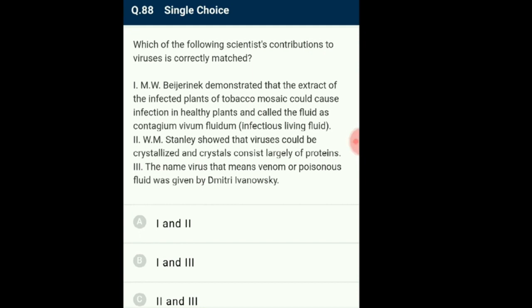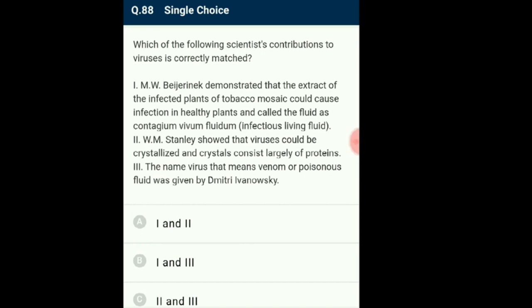Then M.W. Beijerinck in the year 1898 demonstrated that the extract of the infected plants of tobacco could cause infection in healthy plants and called the fluid Contagium vivum fluidum. It is also called infectious living fluid.